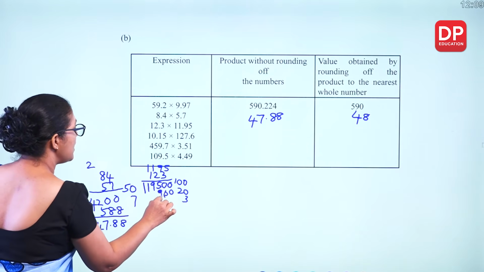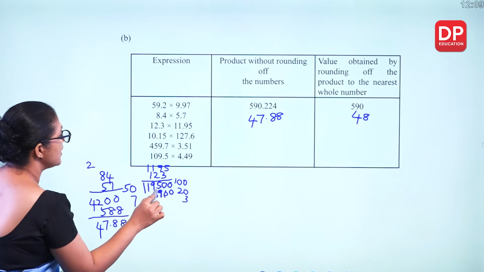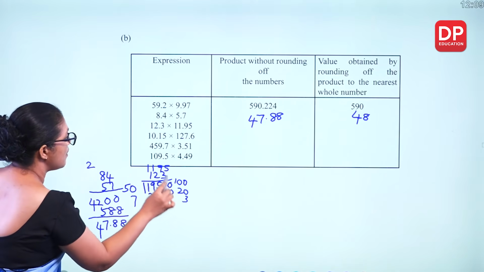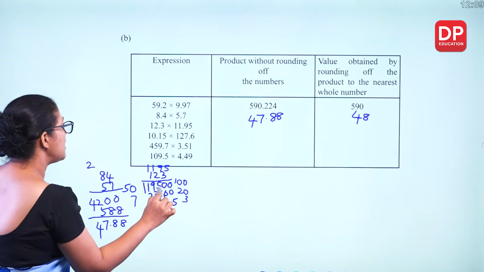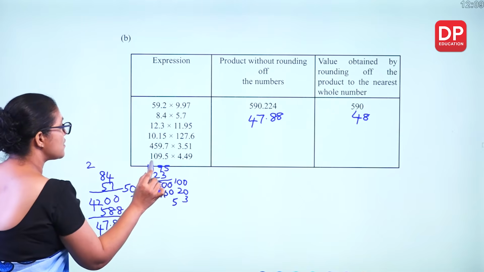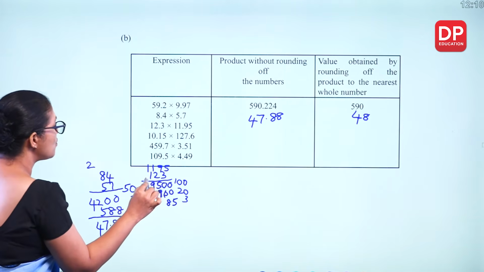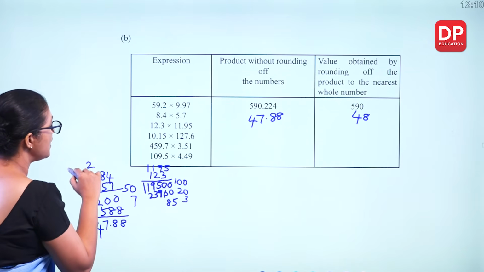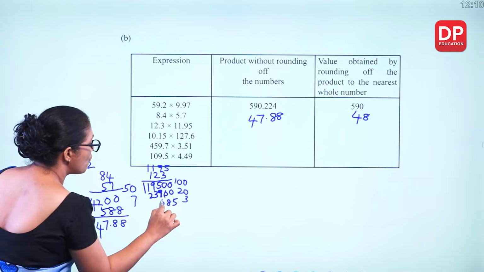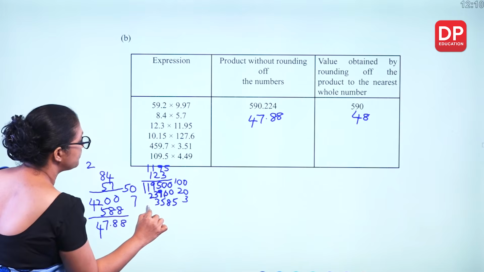And 1 remaining. 2 times 1, 2 plus 1, 3. And 2 here. Multiply by 3. 3 times 5, 15. 1 remaining. 3 times 9, 27 plus 1, 28. 2 remaining. 3 times 1, 3. 3 plus 2, 5. And 3 times 1, 3.